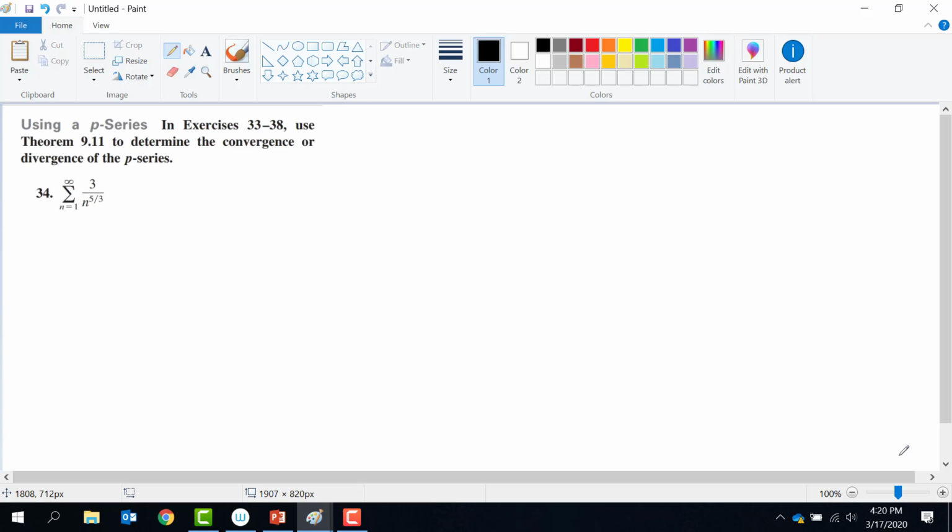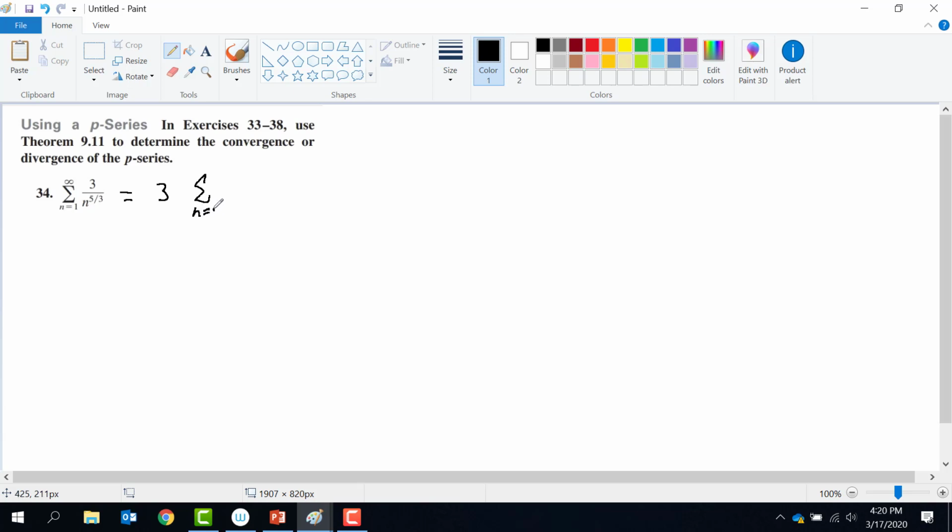So when you look at this series, it's not 1 over n to the p power, so you might think that that matters with that 3 there. But because that 3 is a constant, because of our limit laws, this 3 can be taken out. And this factor of 3 is not going to affect whether the series converges or diverges.